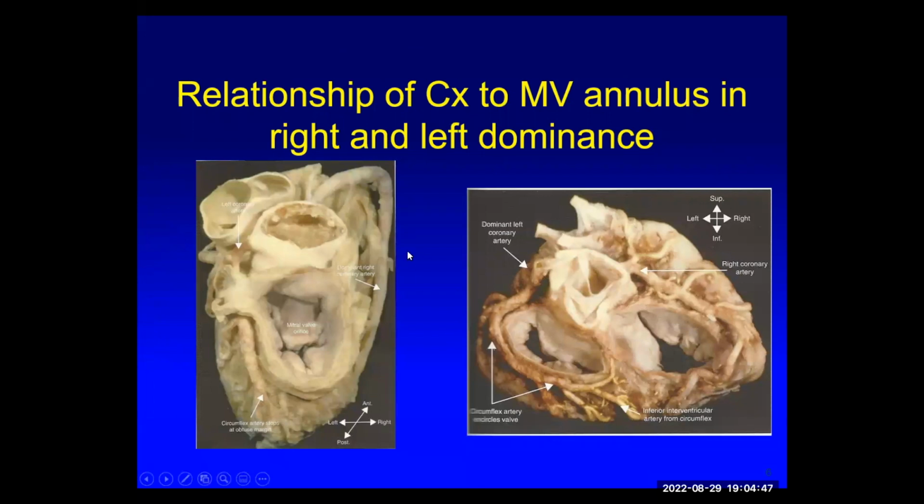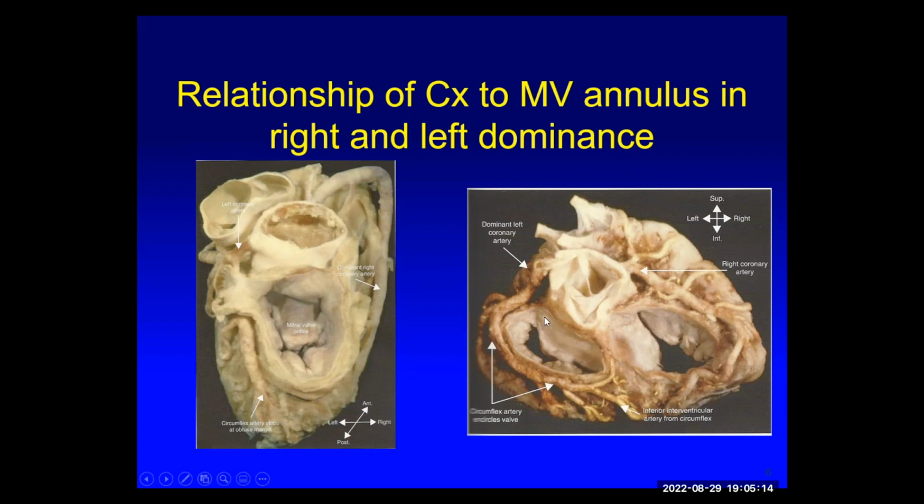If we see it here, it's even better. You can see the difference that the dominance of the circulation of the coronary arteries makes to the relationship of the mitral valve. Here we have a right dominant system, and here we have a left dominant system. Just to remind people, when we say dominance in coronary arteries, we refer to which vessel, the right or the circumflex artery, is giving the interventricular artery.